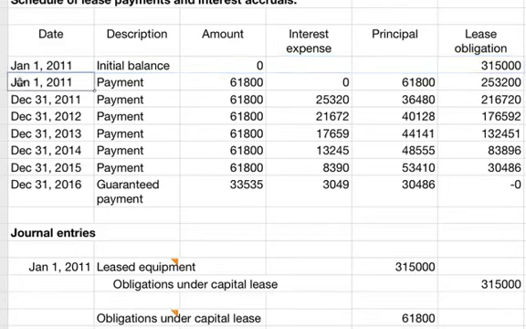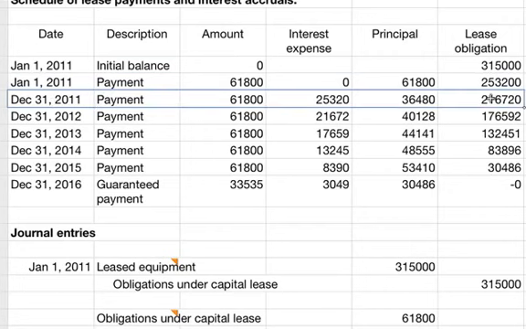On January 1st, we have the first payment as well. There is no interest because it's on the same date that the lease was put into effect. So the full $61,800 goes to the principal. That reduces the lease obligation by $61,800, which leaves $253,200. Now on the next payment date, December 31st, we have the same payment amount, but now we have an interest expense of $25,320.